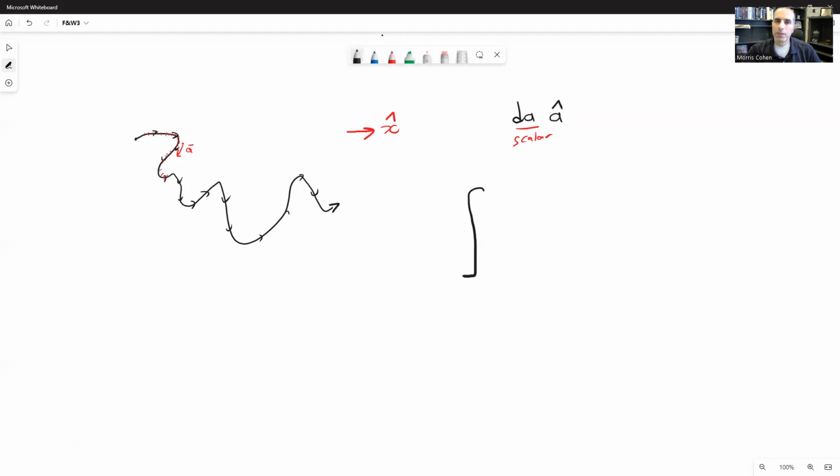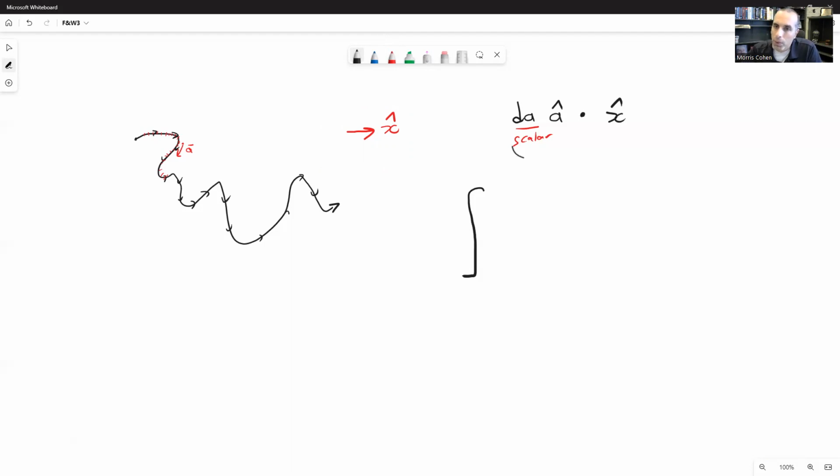So this is the small vector that's in the direction of the path. For the contribution to the east-west direction, we want to pick out only the component that is in the east direction, so we take the dot product with x hat, a vector that goes in the x direction.